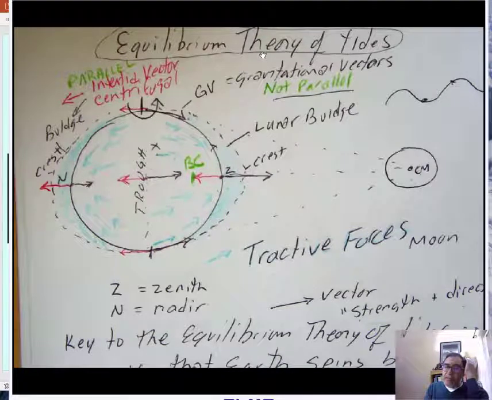The whole thing about this equilibrium theory of tides is that it assumes there are no continental land masses that will impede or alter the flow of the tide crest as Earth is spinning, right? But we do have continents, and so there is a dynamic theory of tides, which is a little bit more complicated. I'm really not going to get into that because it involves a lot of other mathematical equations. But for now, this is a really simple way of understanding how tides work.